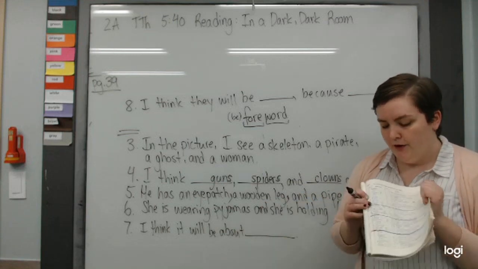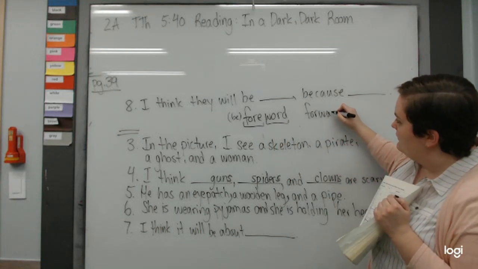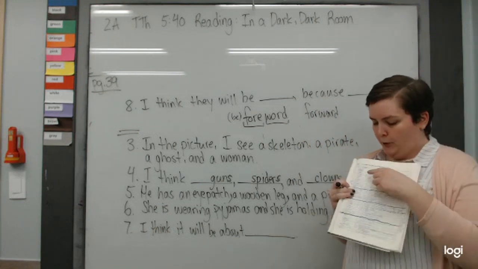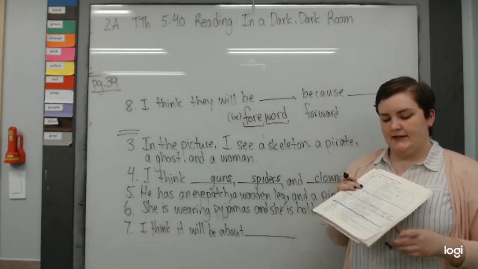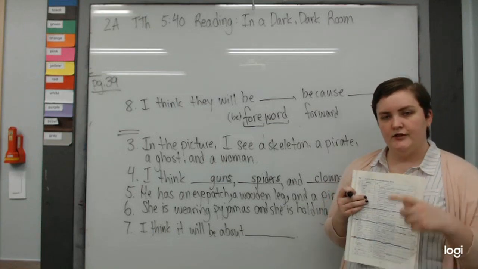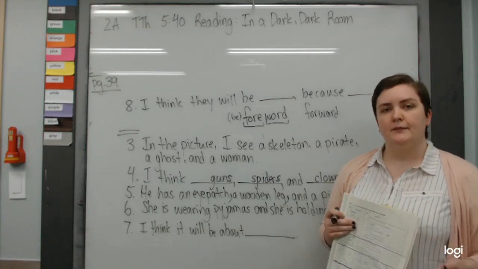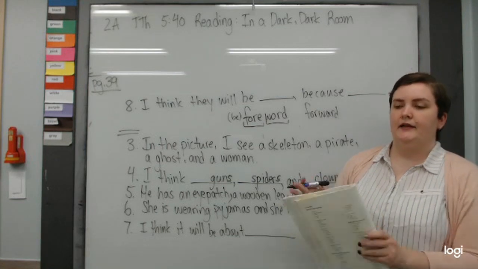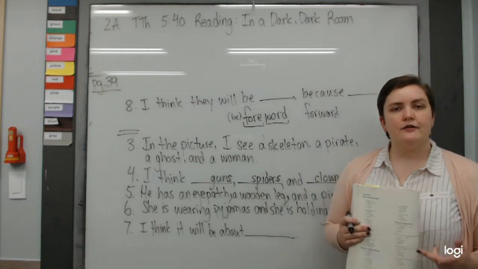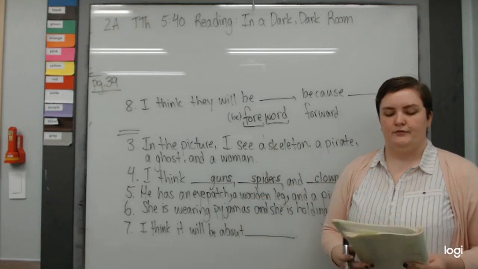And when we write a book, a foreword, not forward going this way, F-O-R-E-W-O-R-D, means somebody, maybe the author, wrote something that you read before you read the book. It tells you a little bit about the book. It can tell you about the author, or it can tell you about the characters or the places, but it'll tell you a little bit and introduce you to the book.